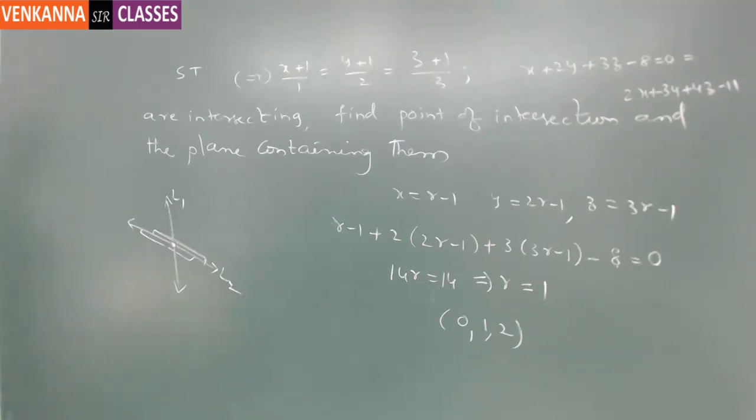Is it clear? If you have a small doubt, you can substitute the point 0, 1, 2 in the second plane equation and recheck whether it is satisfying or not.